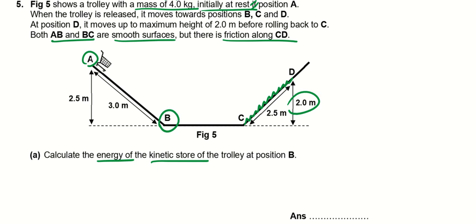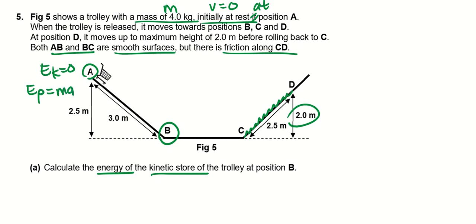Let us compare the different types of energy at A and B. At A, the energy in the kinetic store is 0, but it's going to have EP, energy in the gravitational potential store, and I can calculate it now because it's mgh.